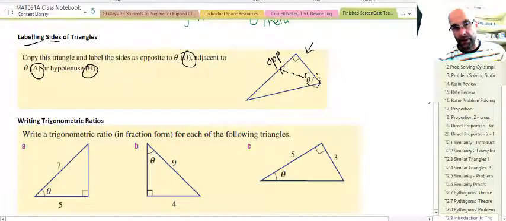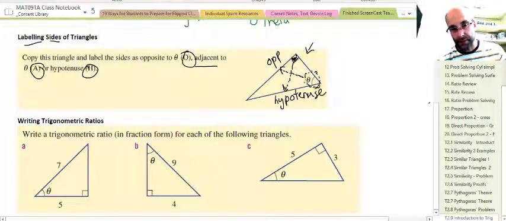The other side that is well known is, if you see this right angle here, if you go opposite the right angle, that's called the hypotenuse, and you'll find that that's something that you already know from your work in Pythagoras. Hypotenuse is the longest side, and it is also opposite the right angle. Lastly, to get A, adjacent, we start at the given angle and we look at what's next to it.